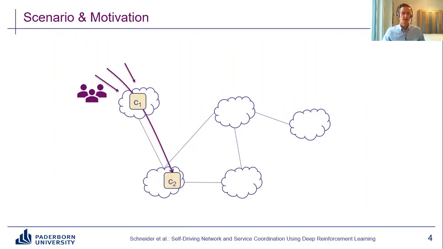And if I would notice that my load is too high here and the resource consumption is too high at the ingress node, then what I could do is scale out. I could place a second instance of C1 also at this neighboring node, and then send some traffic through that instance down here. And by doing that, I could balance the load and the required resources among these two nodes.